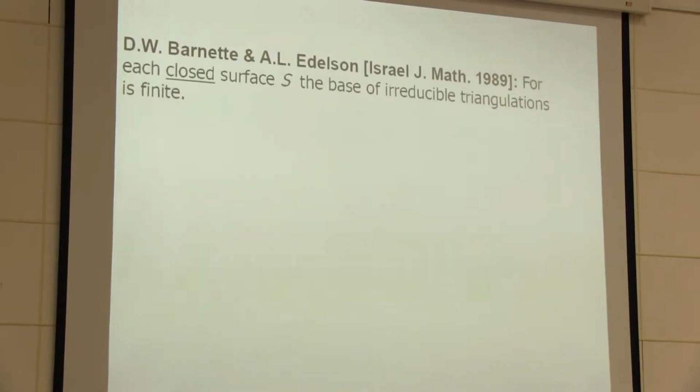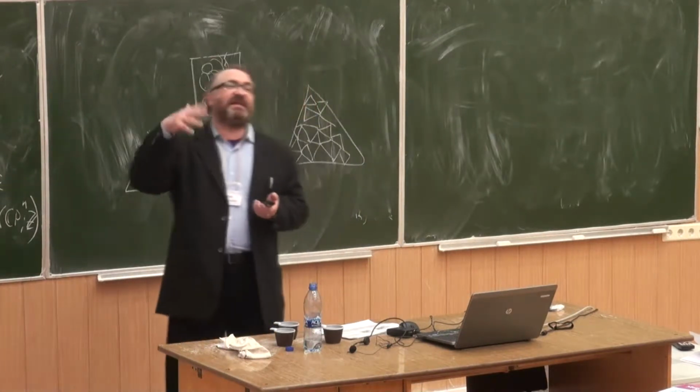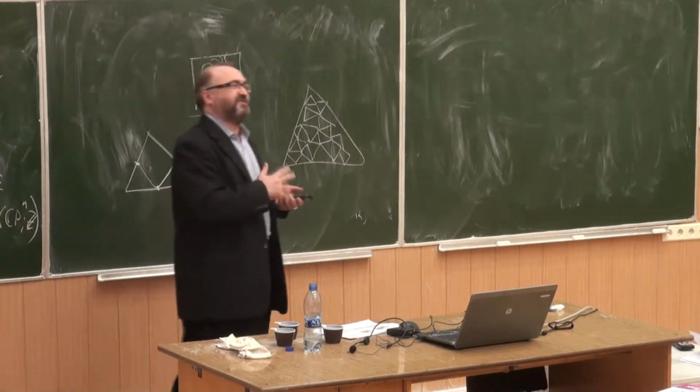Okay, and there is an important theorem by David Barnette, joint work with Edelson, published in the Israel Journal of Mathematics in 1989. They showed that for each closed surface there exist at most finitely many irreducible triangulations, which is good news.